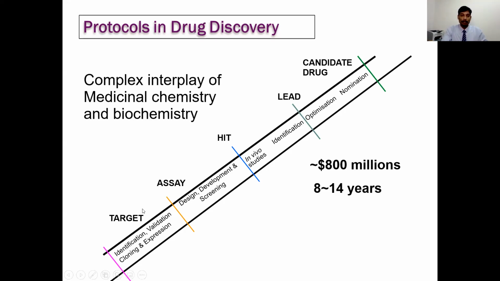The steps include target identification and understanding, the design and the screening by assay to get some hits, and then we run some in vivo studies to become leads, and then lead optimization and the nomination of the candidate to be a drug at the end.